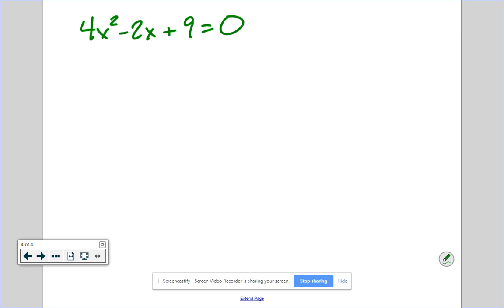Now, solve the problem using quadratic. Determine the type of roots and the discriminant value. So, first thing we're going to do is find the discriminant. So A, B, C. You have to remember what the discriminant is. The discriminant is just B squared minus 4AC.